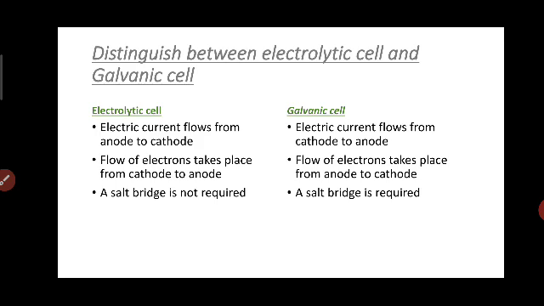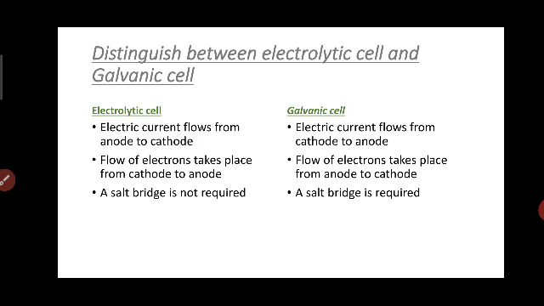Quite opposite in the galvanic cell: electrons go from anode to cathode, and the current goes from cathode to anode. In the electrolytic cell, the current is anode to cathode, as usual. Here we use a salt bridge in the galvanic cell.